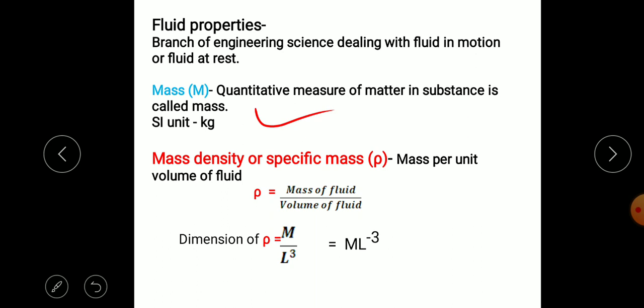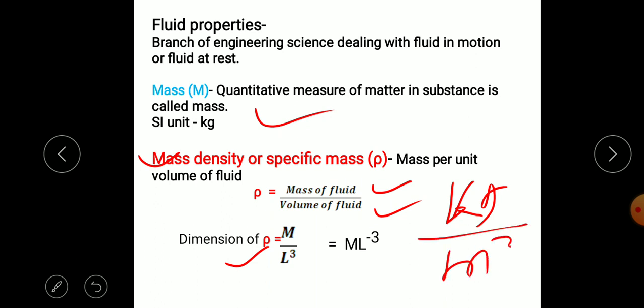Next is density, also called mass density or specific mass. Specific mass means mass per unit volume, so mass of the fluid upon volume of the fluid. Density is denoted by rho.